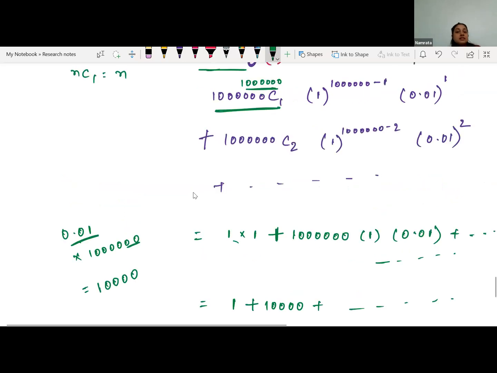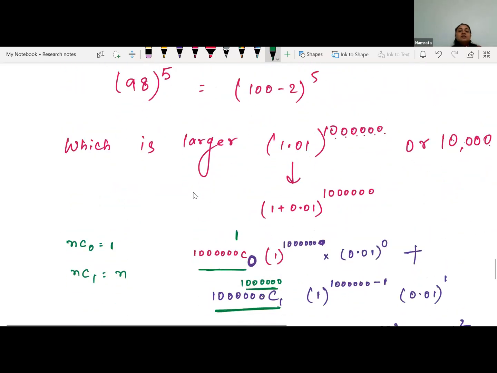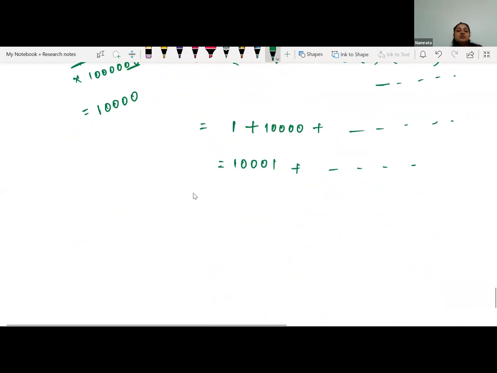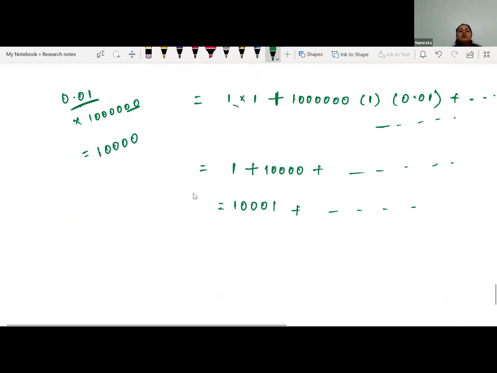Yes, ma'am. The remaining terms are still there, and this one is larger, or is 10,000 larger? Since we have expanded only two terms, and just by expanding two terms we can say it is larger than 10,000. Can you see? Yes, ma'am. And we still have a lot of terms, so definitely 1.01 to the huge power is larger than 10,000, right? Yes, ma'am.